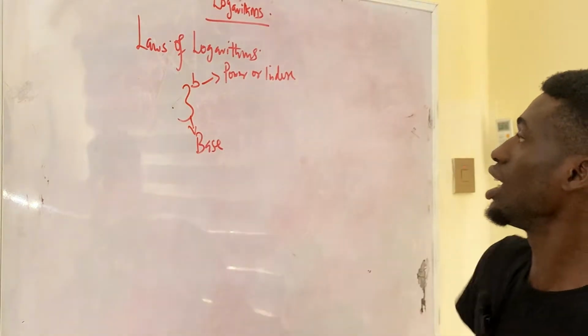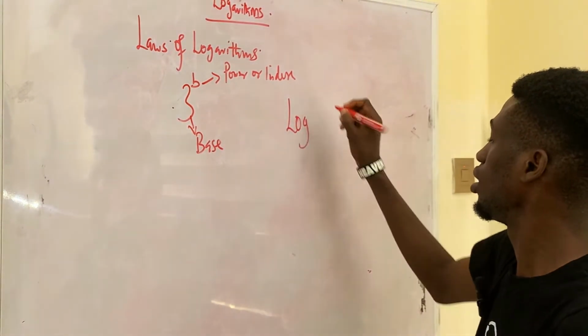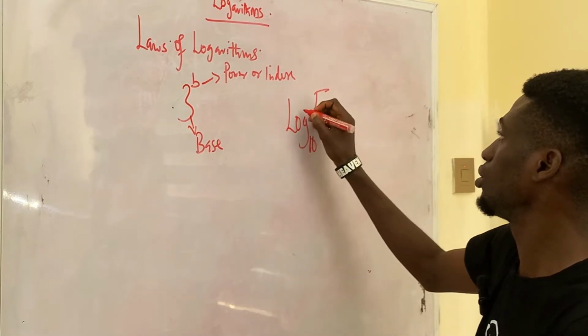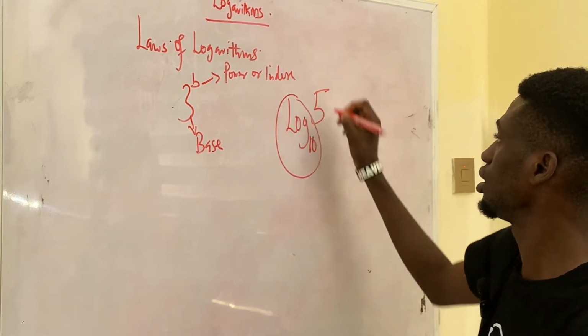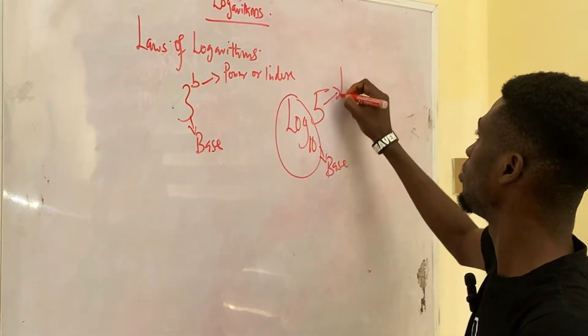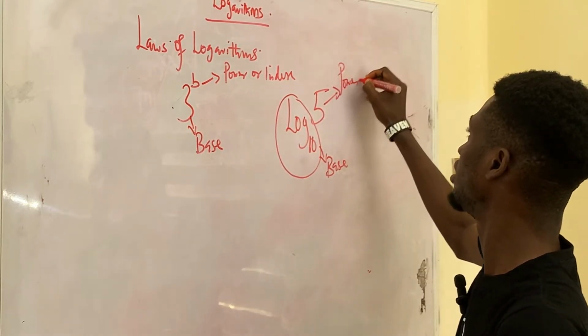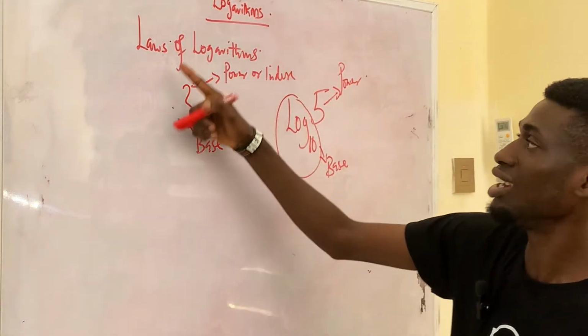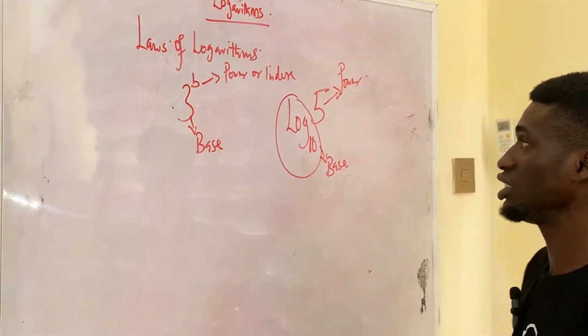Same thing as logarithm, we have this log, let's say 10 raised to power 5. Now, this log 10 is known as the base, while this 5 is known as the power. That's why I told you that logarithm is another way indices is written.